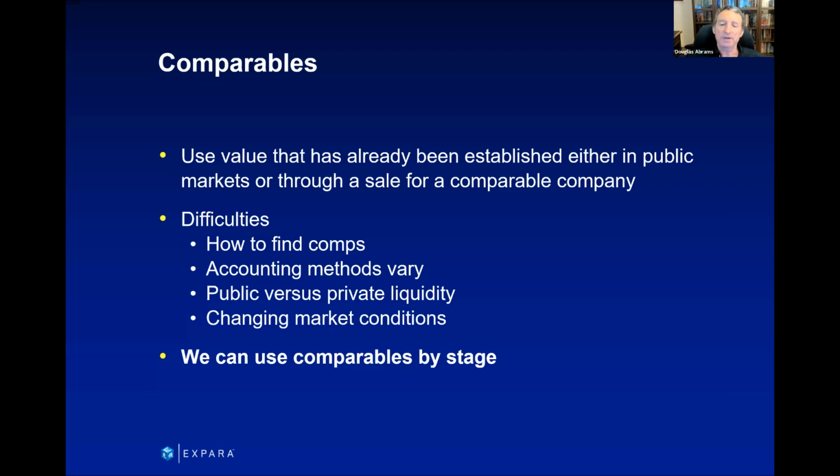If a modeling method like DCF or the VC method is giving me a result that's inconsistent with what the market is telling me happens in real life, then something is wrong with my calculation.